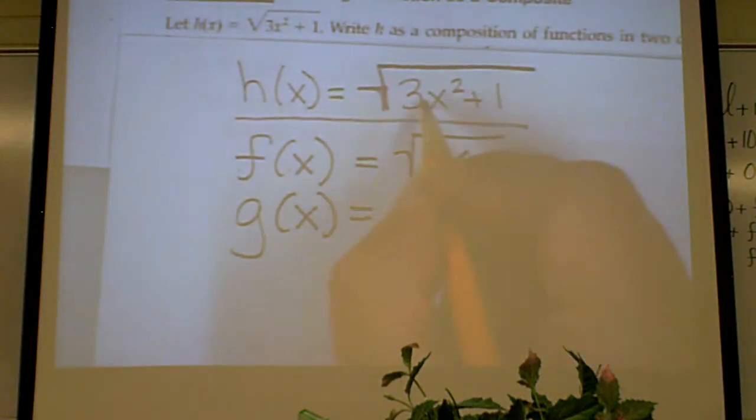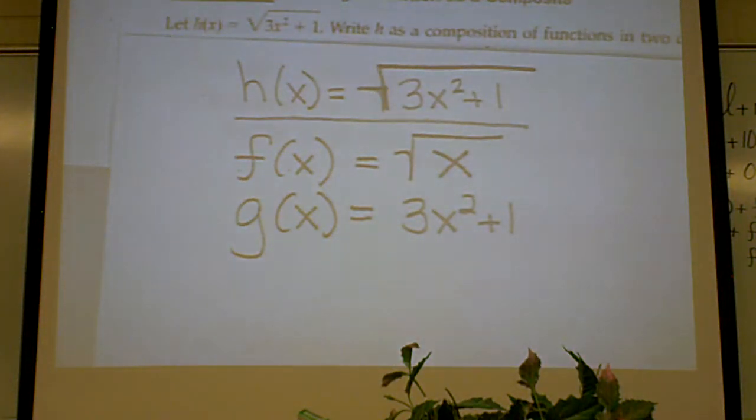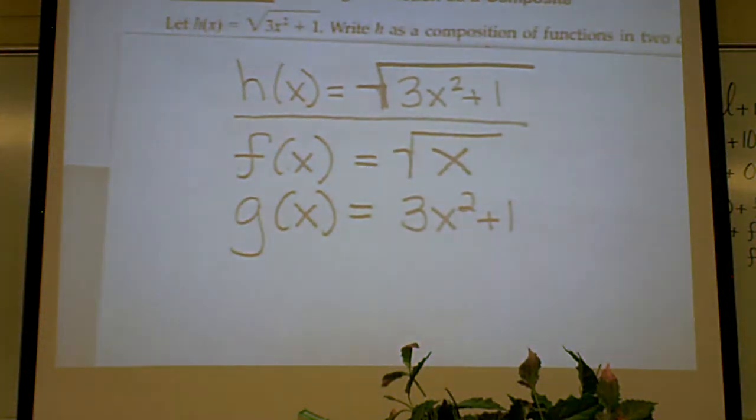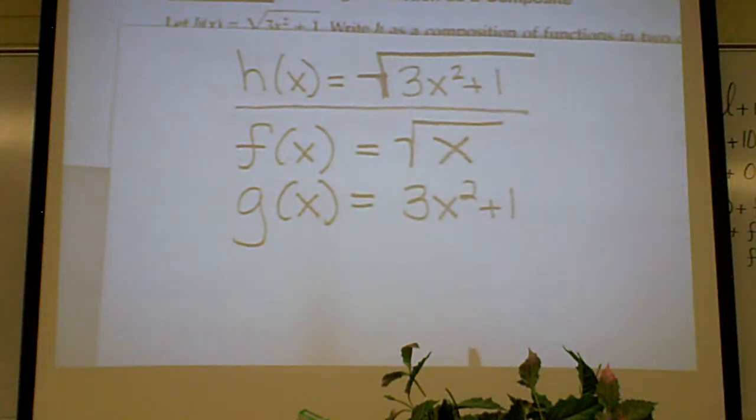And g of x I'm going to call 3x squared plus 1. Does everybody see what I did? I've got the square root of something, and then I have 3x squared plus 1. I'm going to take these two functions and do a composition of them to get h of x.